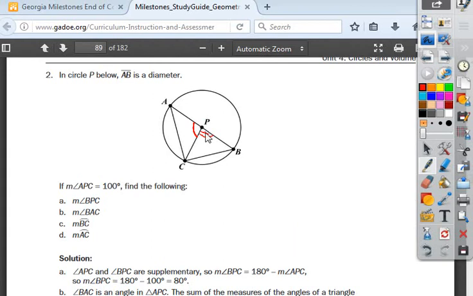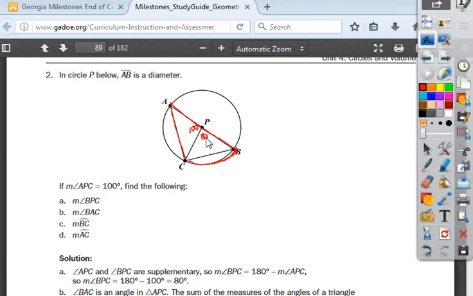Angle BAC. BAC, how much is that? We just said that this was 100, right? And that was 80. So how much is this out here? No. What kind of angle is the 80? 80.